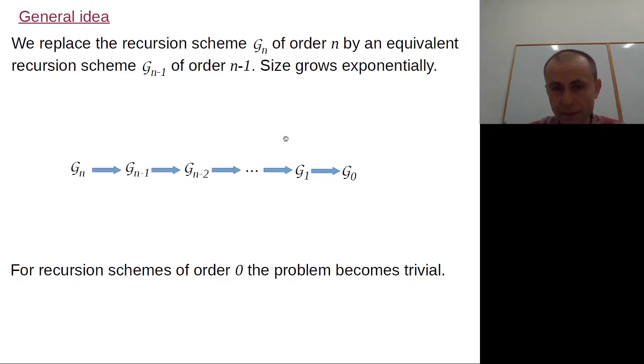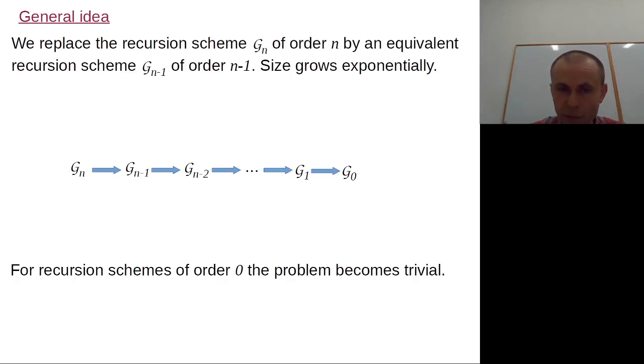At every step, the size of the grammar grows exponentially. At the end, we get a grammar of n-fold exponential size in the size of the original grammar. And for grammars of order 0, we can solve the problem in a trivial way. So the whole algorithm is of n-fold exponential time.